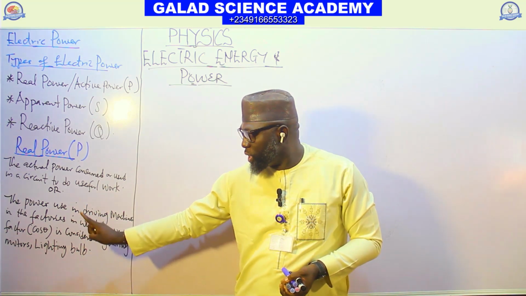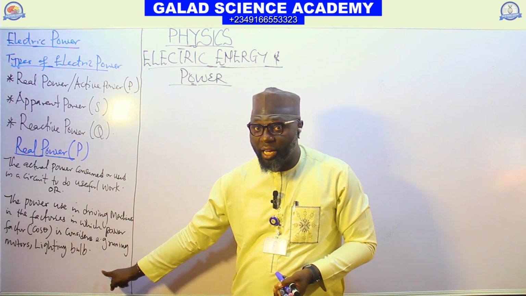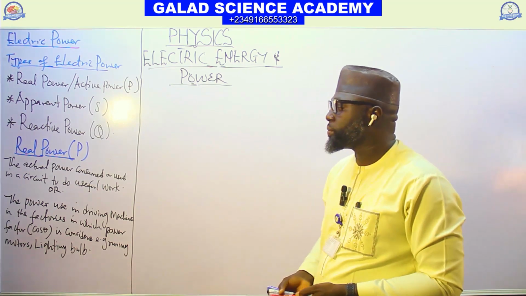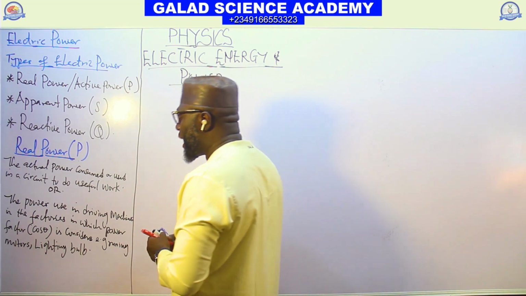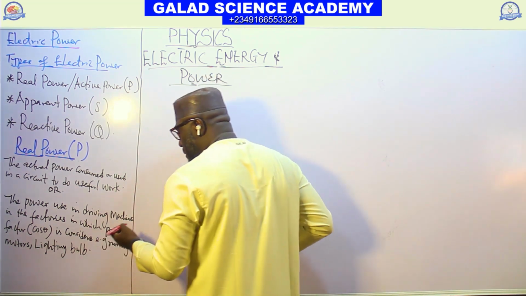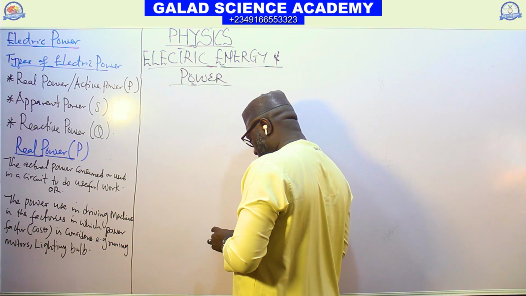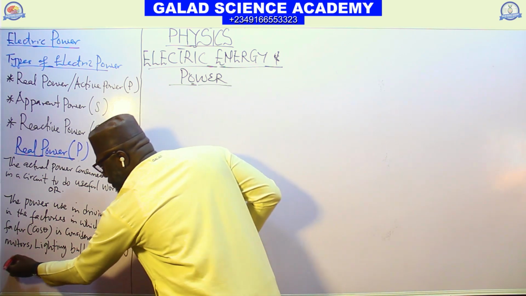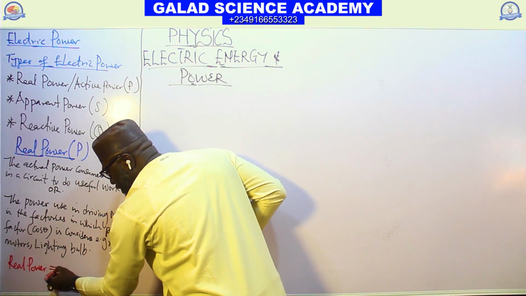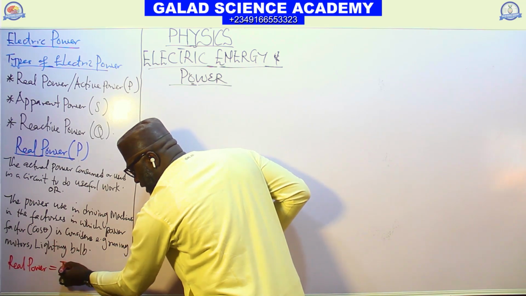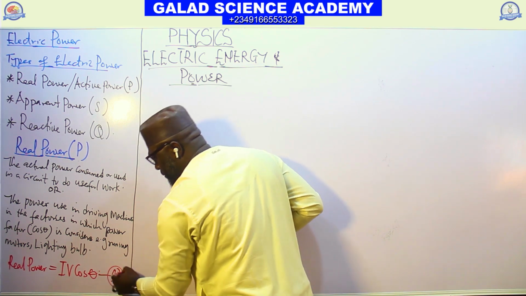And the real power always considers the power factor, cos theta. The formula for real power, for every machine or circuit, will be P equal to IV cos theta. Call it equation 1.